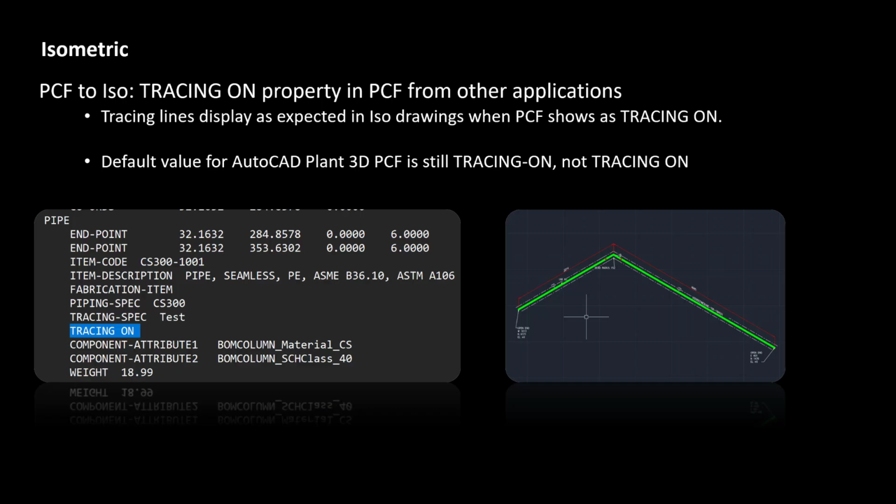The 2027 release now correctly interprets both formats, so tracing lines display properly in your isometric output regardless of the PCF source. Keep in mind that Plan 3D's own PCF export still writes tracing on with a hyphen. This change is specifically about reading PCFs from external tools.